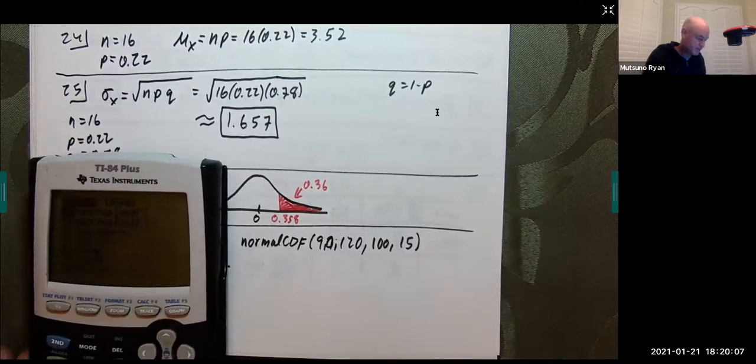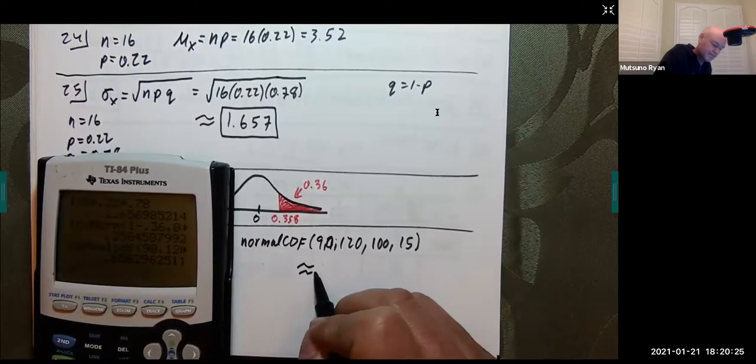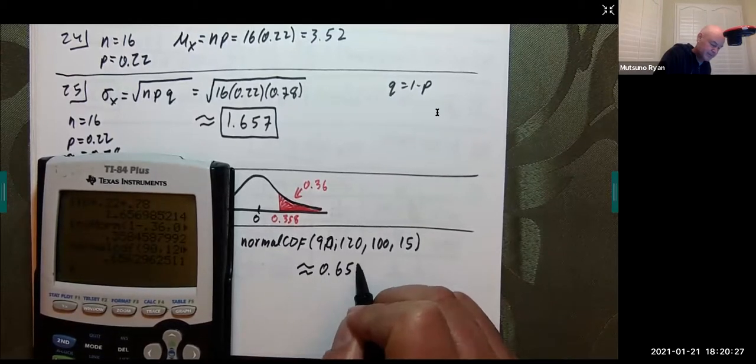Second distribution, normal CDF. The lower is 90. The upper is 120. The mean is now 100. Standard deviation is now 15. 0.6563.